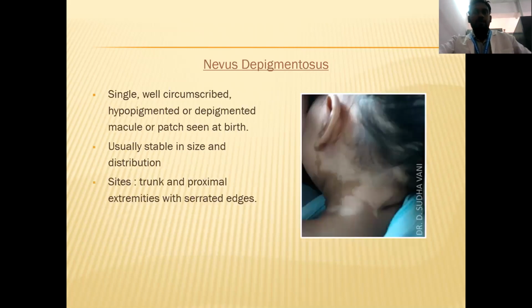So nevus depigmentosus is a well circumscribed single hypopigmented or depigmented macule seen at birth. Usually it is stable in size and distribution as well, and predominantly it is located in the trunk and proximal extremities. One important thing is it will have serrated edges.